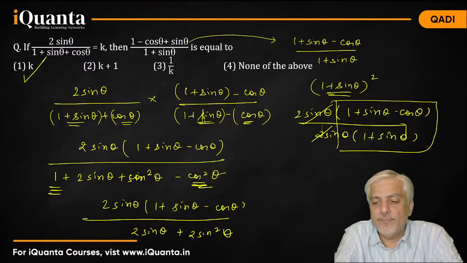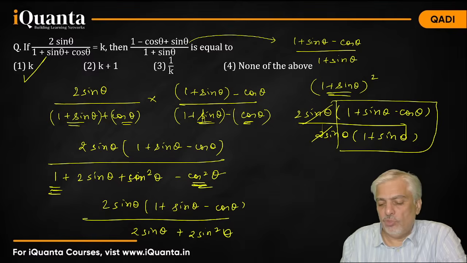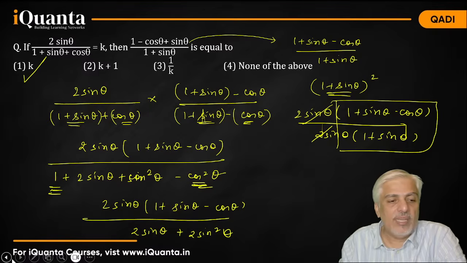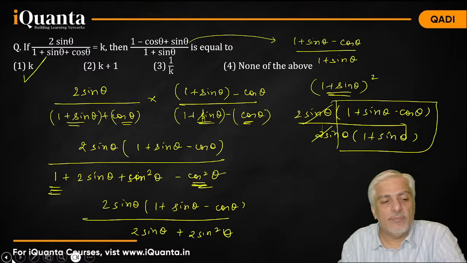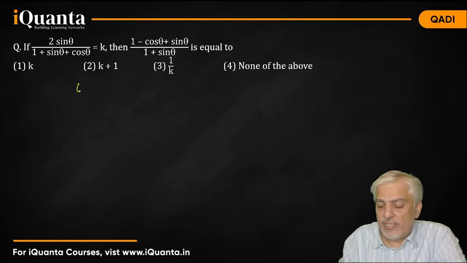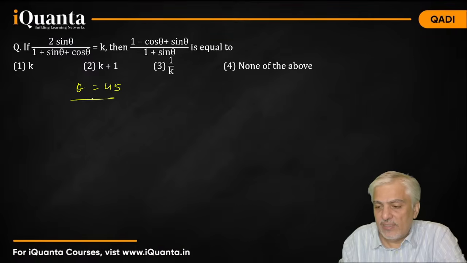Okay. So just for example, if you have taken theta as 45 degrees, because sine 45 and cos 45 are the same, a lot of things can get solved. If I took theta as 45 degrees, sine 45 is 1 upon root 2.